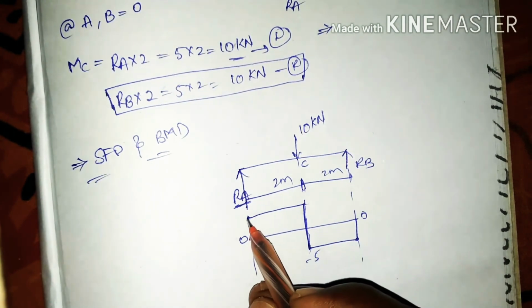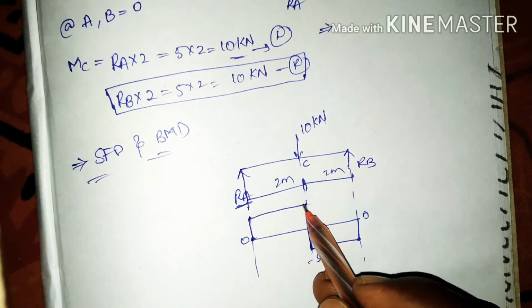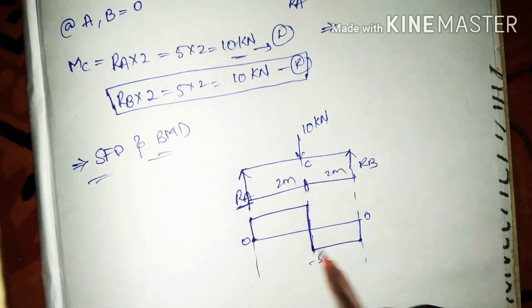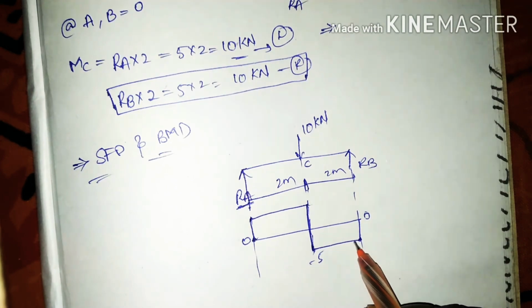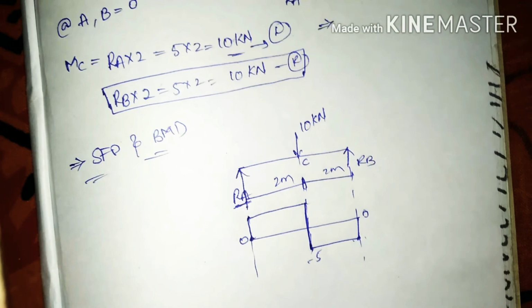Left and right of RA, moving to C, it is left and right of C minus 5, and going to B, for the left of B minus 5, for the right of B we have 0.